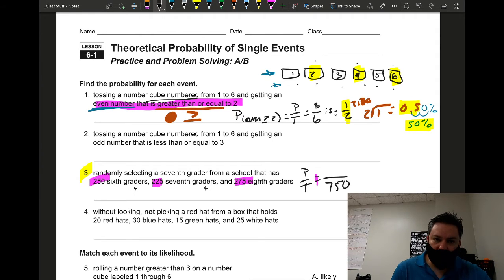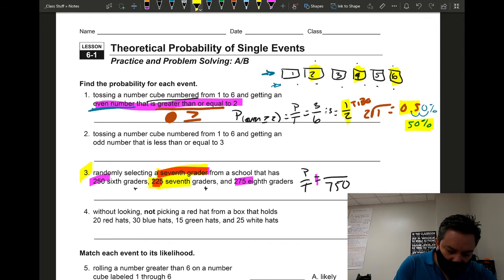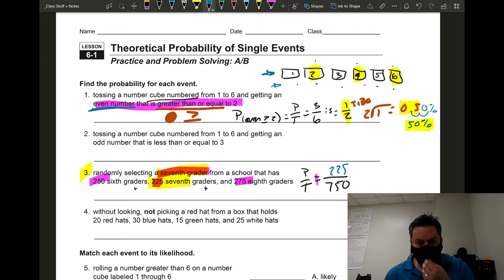Now the part is going to be what they're asking for. I'm looking for a 7th grader. In this case, I'm looking right here, 7th grade. So I'm going to put that number on top. My top number is going to be 225. You already have a fraction, right? All you have to do is simplify it. Both of them are multiples of 25.